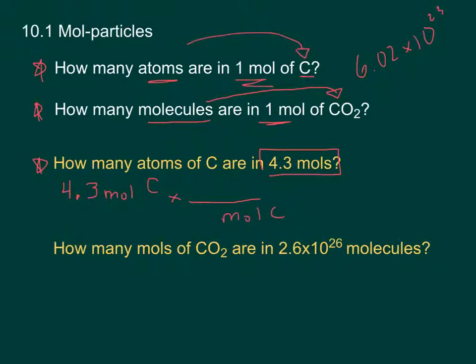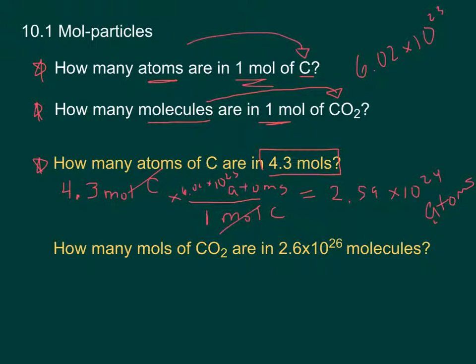We're trying to get atoms. You know that the definition of 1 mole is 6.02 times 10 to the 23rd. So therefore, when we calculate 4.3 times 6.02 times 10 to the 23rd divided by 1, we get 2.59 times 10 to the 24th atoms.